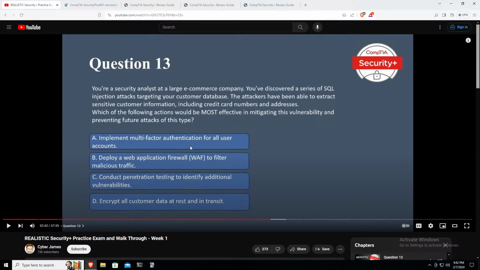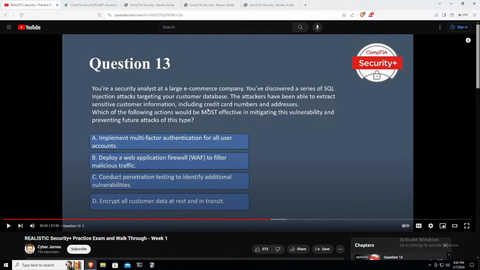For anyone who's new to IT, all of these would seem like they would kind of intermix, but MFA would be something that's not applicable here, just due to the question. We're trying to mitigate a SQL injection attack from happening again to the database.